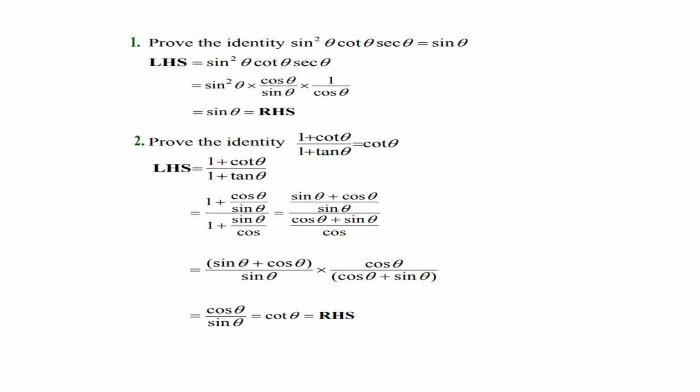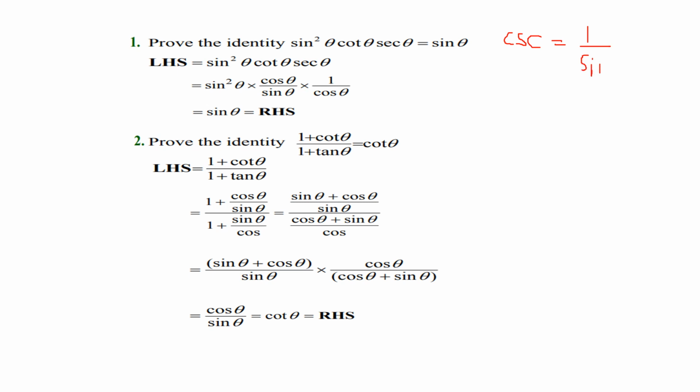Hi everyone, and here we are going to talk about proving the identity of trigonometric functions. Actually, we must know the basic identities for trigonometric functions. The basic identities, we know this. What is cosecant theta? Cosecant theta is 1 over sine.